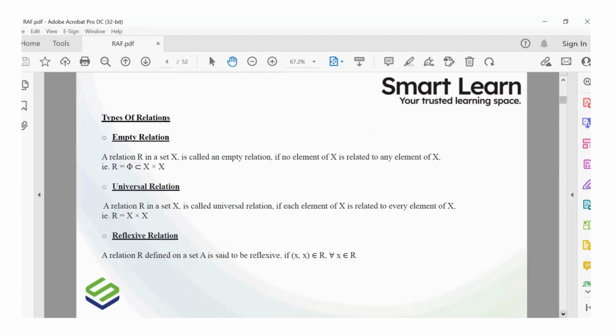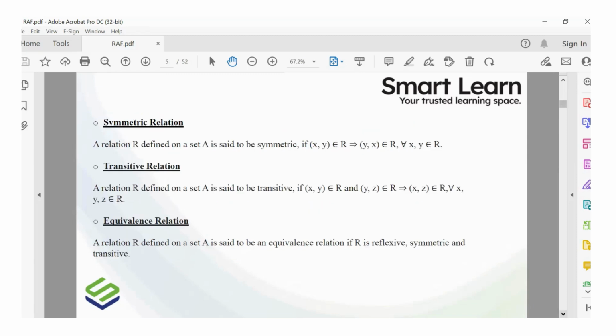Then this is the important one: reflexive, symmetric, transitive.